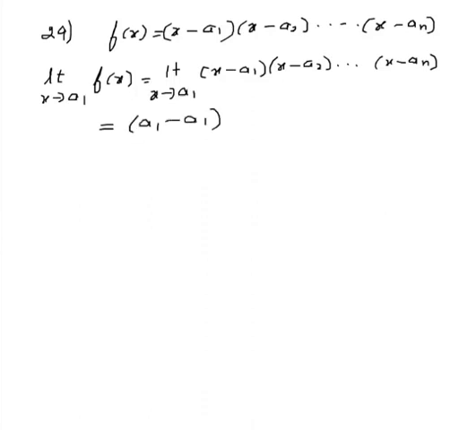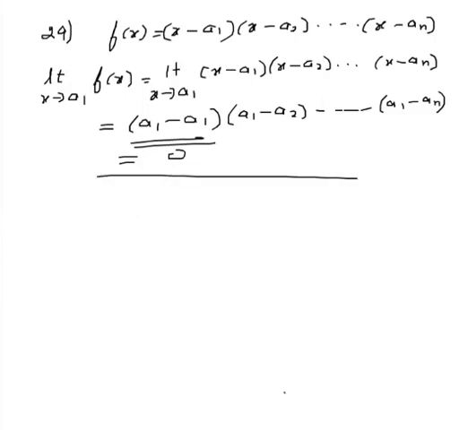Once you apply the limit value, no need to write the limit. Here it becomes a1 minus a2, etc. The last term is a1 minus an. This term becomes 0. So 0 into any number will be 0. Therefore, the answer becomes 0.